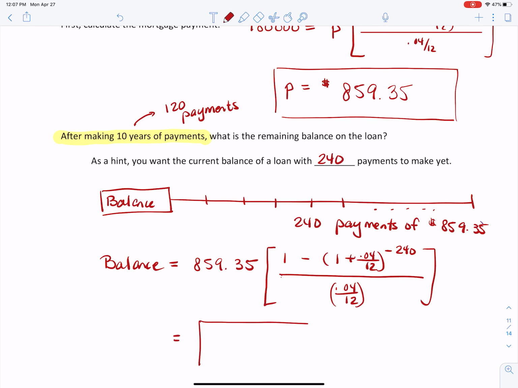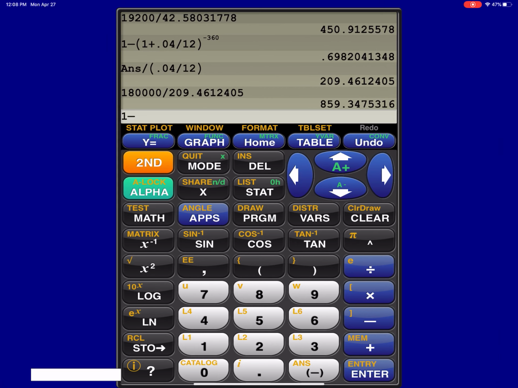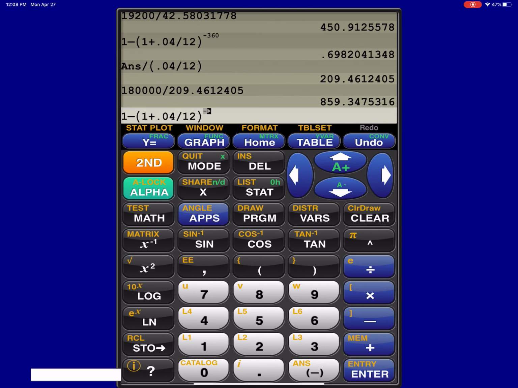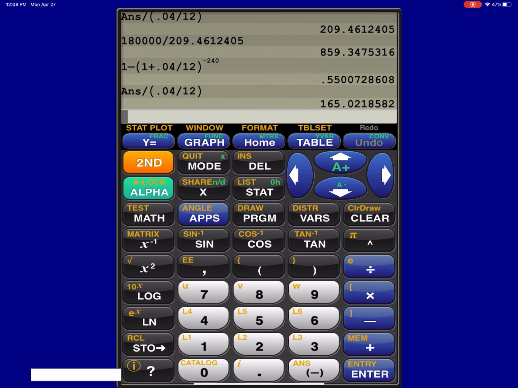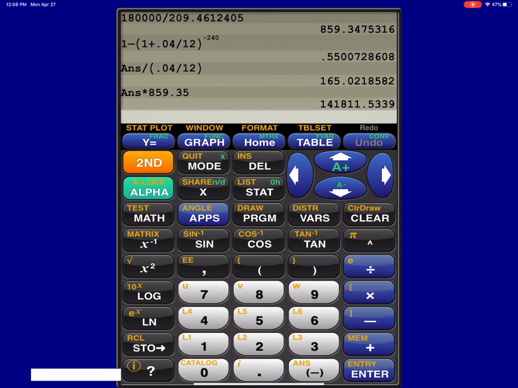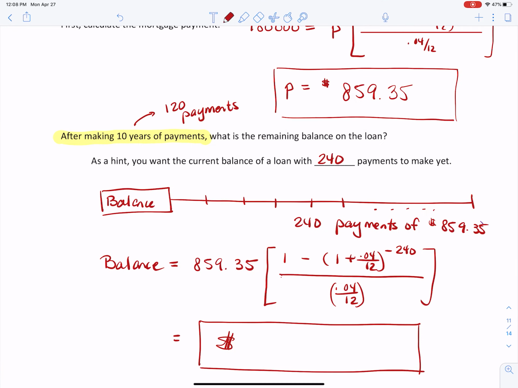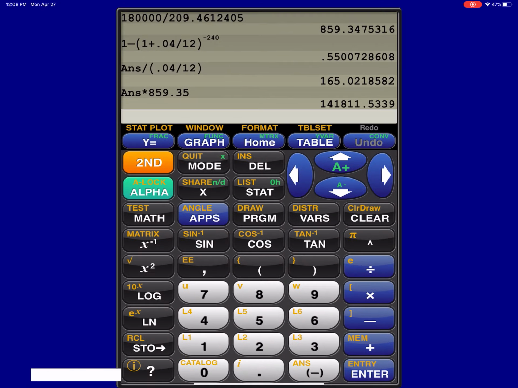And again, calculator magic: 1 minus 1 plus 0.04 over 12 raised to the negative 240, divided by the quantity 0.04 over 12, and then times 859.35. So $141,811. Oh, and there were pennies there. It was 53 cents.